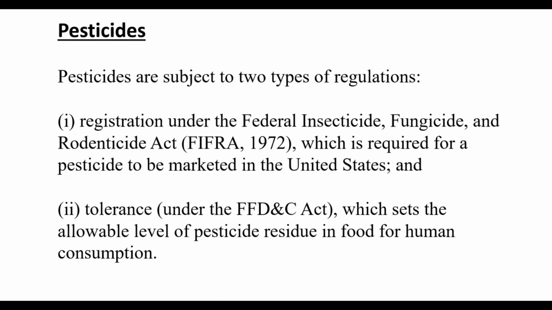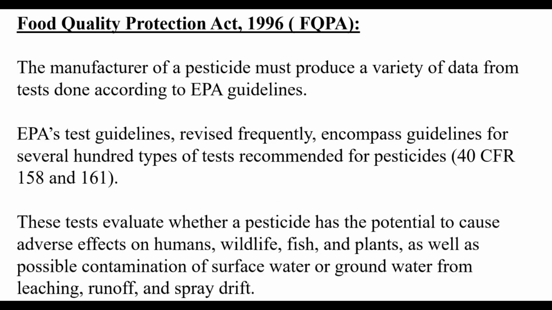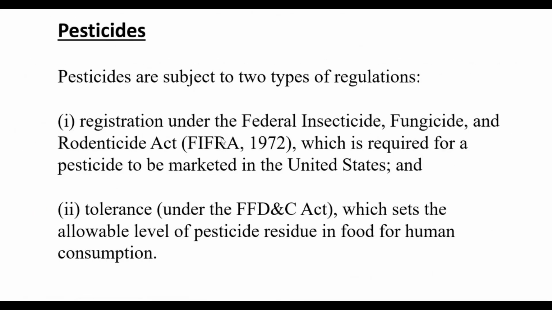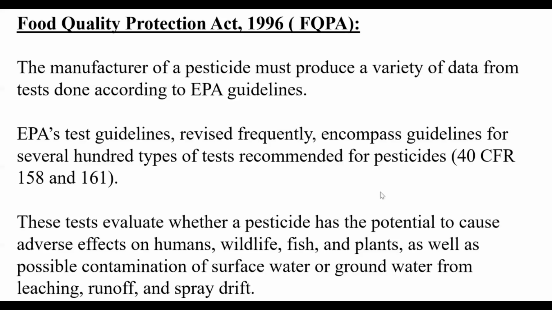That is covered under the Federal Food, Drug and Cosmetic Act. And the other very important act under EPA is the Food Quality Protection Act. It's a major act and most of the guidelines published by the EPA are under this act, that is FIFRA, the Federal Insecticide, Fungicide and Rodenticide Act, and the Food Quality Protection Act of 1996.